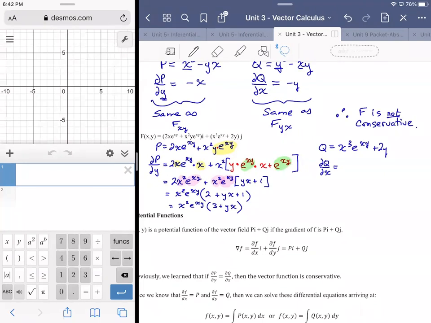Now, when I take the partial of Q with respect to x, I'm going to have another product rule situation on my hands, so we'll take care of that right from the word go.